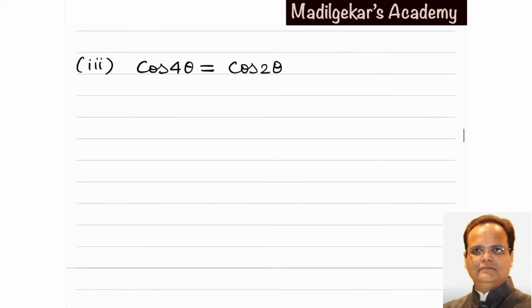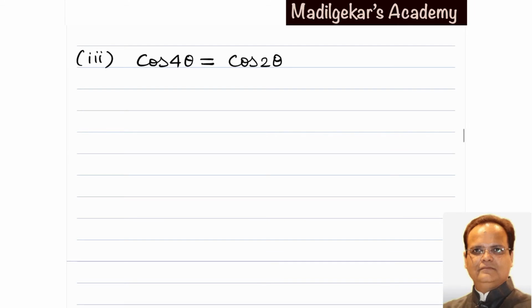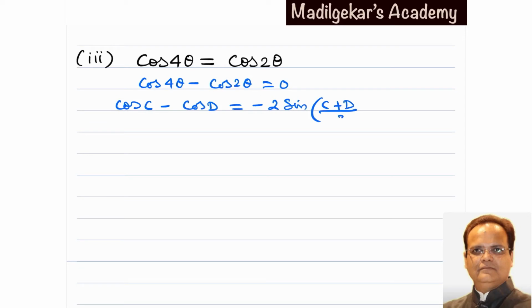Third bit. Here cos 4 theta equals cos 2 theta. If we take cos 2 theta to the left side, in the next step we can apply the formula of cos c minus cos d. Cos c minus cos d is minus 2 sine of c plus d by 2 into sine of c minus d by 2.